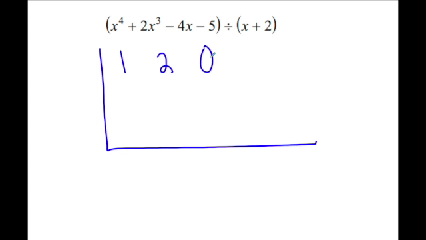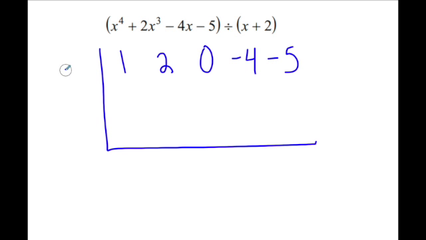And that is the biggest thing that people make a mistake with synthetic, and that as a teacher is the biggest thing I fear about synthetic, is people forget to do that, and it makes a huge difference. So you need to put those 0 coefficients, and it's so easy because you don't see an x squared. You think to move on, but you have to remember that, okay? So tragic when people forget that.